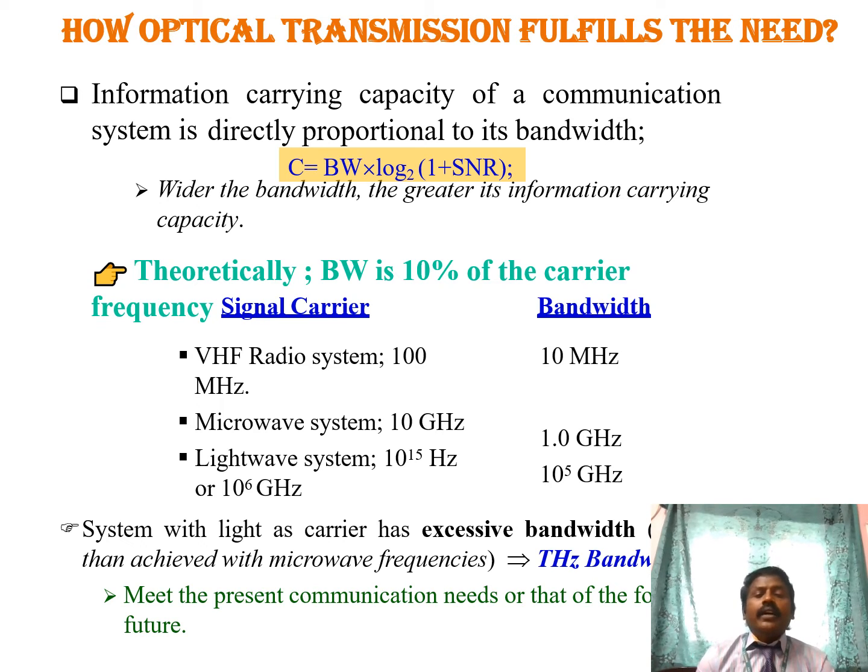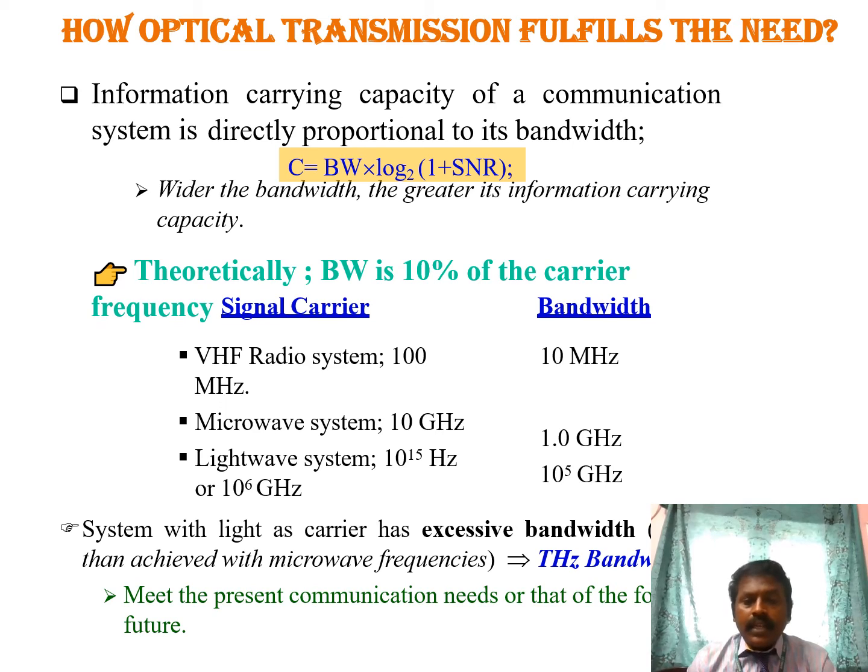Theoretically, the bandwidth is about 10% of the carrier frequency. Now look at the comparison of the signal carrier and the bandwidth. For a very high frequency radio system, the carrier is 100 megahertz, and the bandwidth is 10 megahertz. Then for a microwave system, 10 gigahertz, we can have 1 gigahertz.